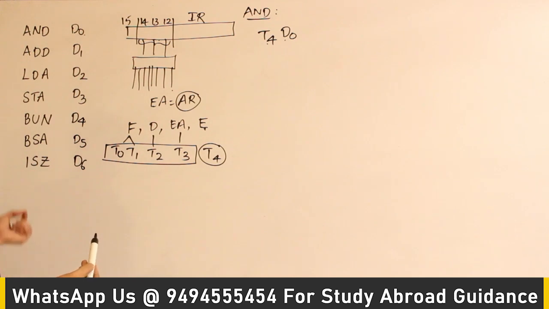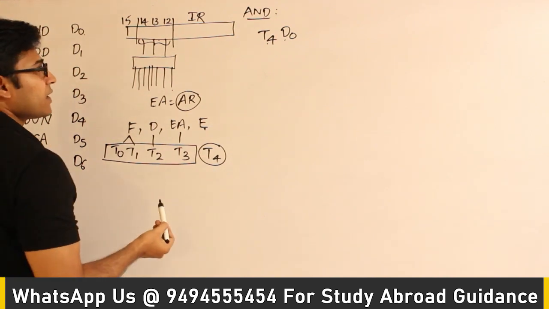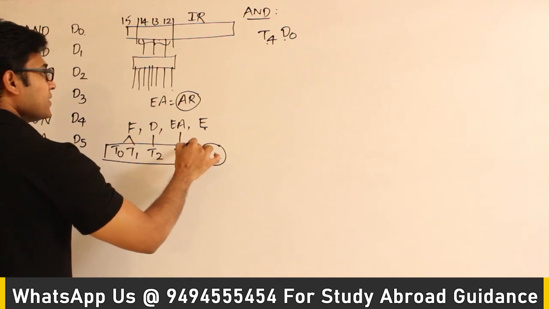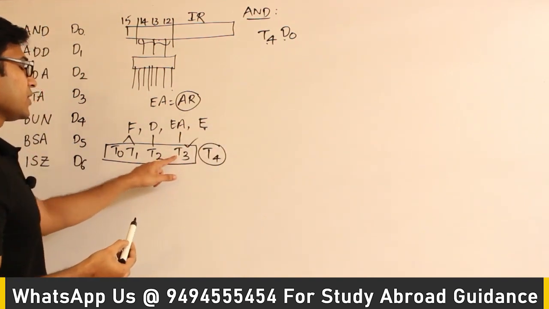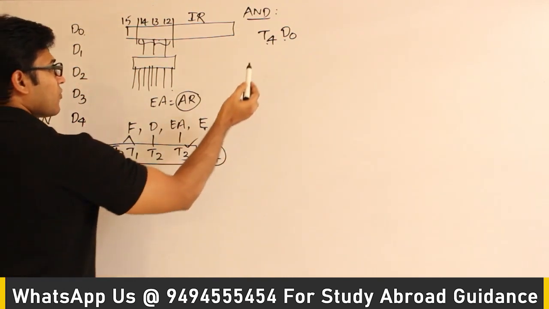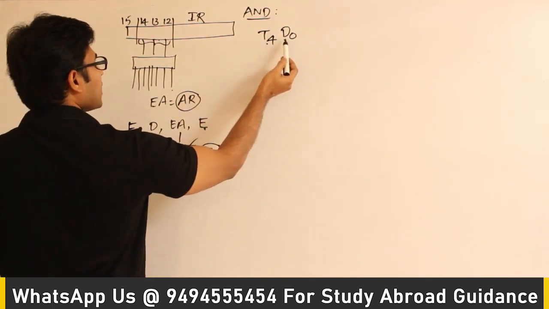Now, should I also verify what type of addressing mode it is? I need not verify it, because either it is direct or indirect. The difference has been already dealt with in T3. That is why for direct addressing mode, T3 is left blank, so that you need not worry about the instruction mode anymore.